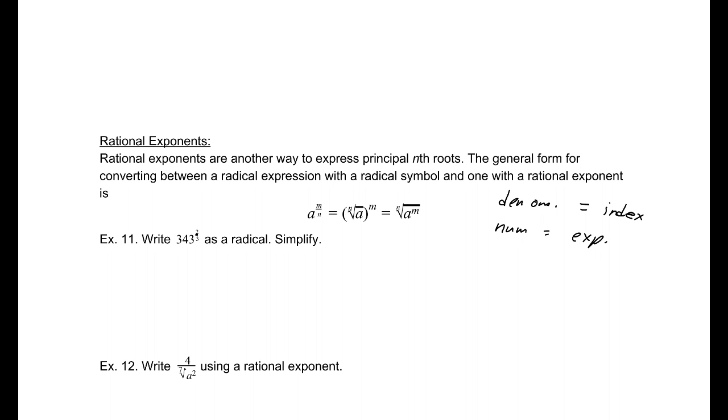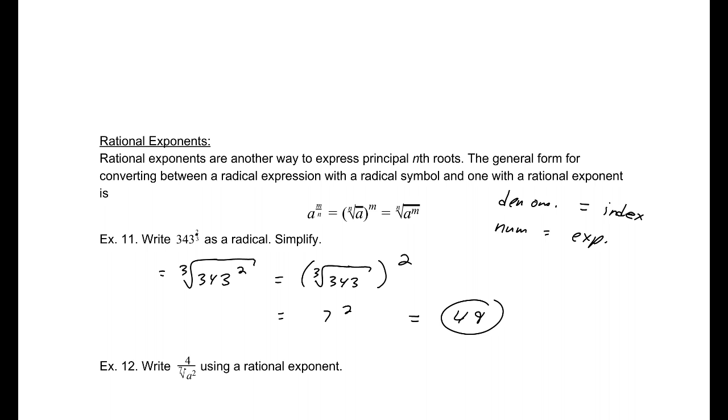So this is going to be written one of two ways. We can write this as the cube root of 343 squared, or we can write this as the cube root of 343, squared. Now that second one is a lot easier because the cube root of 343 is 7. So this is 7 squared, or 49.